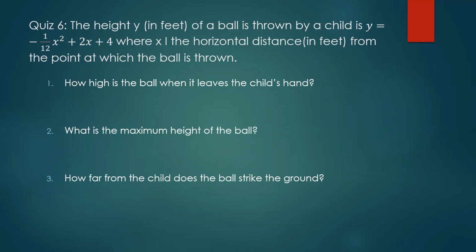So the first step when I'm doing this word problem is to label my x and y. What do you think our x values are and what is our y value? They said that x is the horizontal distance, in feet.